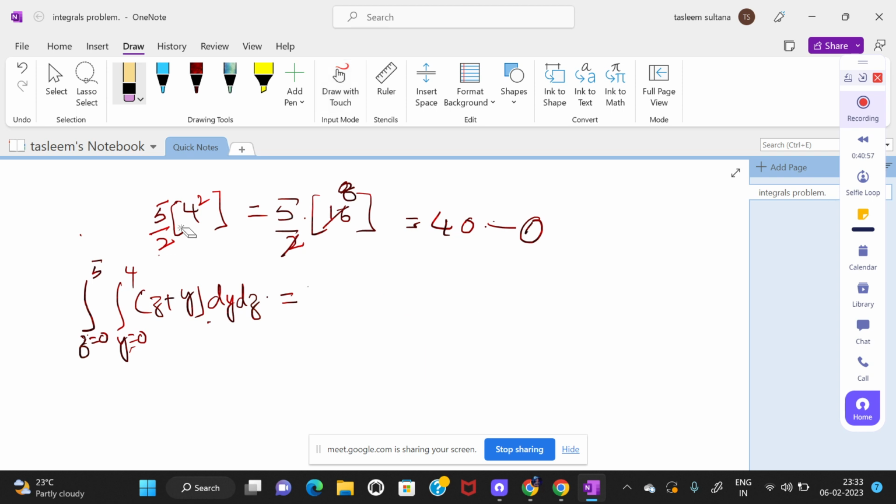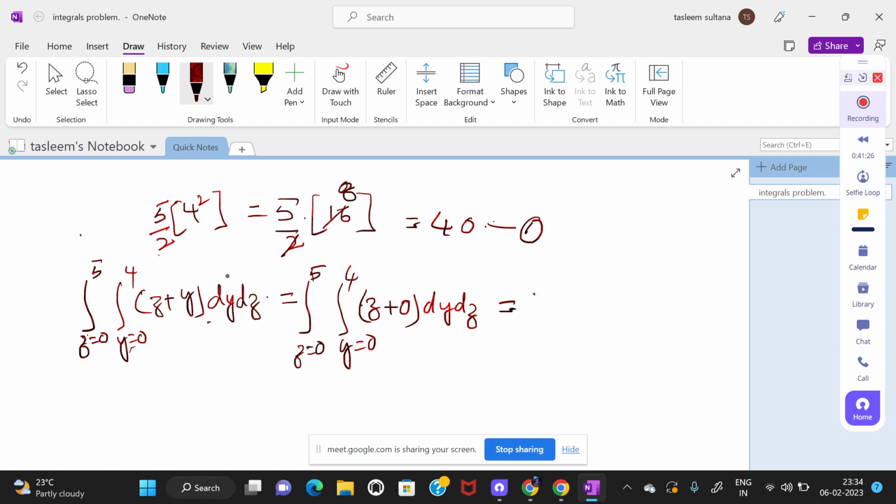Ma'am, are you taking both y as 0? Yes, we are taking y as 0. This you will get as z from 0 to 5, then y from 0 to 4, then your z will be there, plus y equals 0, dy into dz. We did not change the limits.